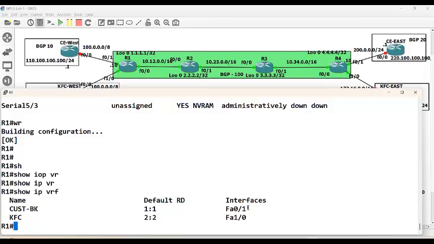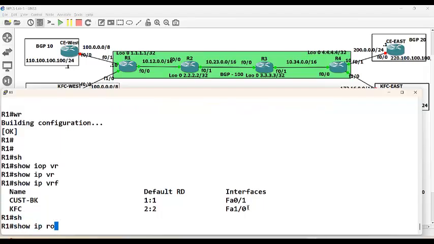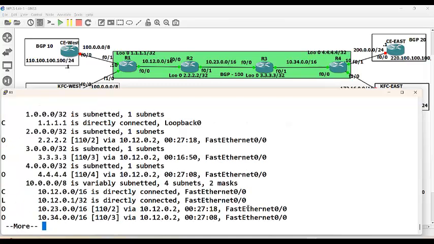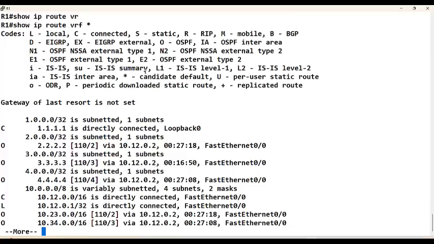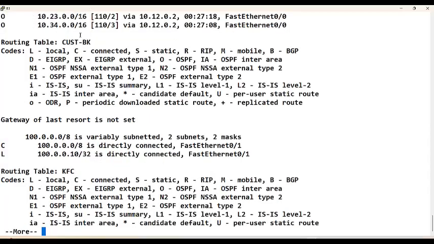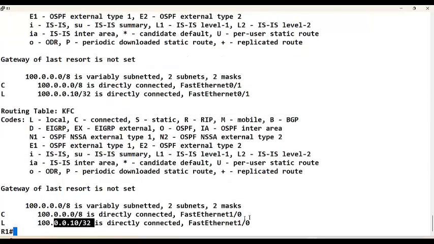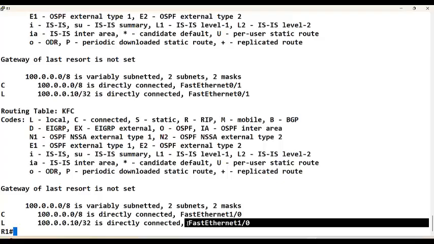All right. There is another command, show IP route VRF, all VRF. Now you can see this global routing table, and then you can see the Burger King routing table, which has got F01 with its address, and the KFC routing table has got the same address but not on the same control plane, a different control plane and different interface.